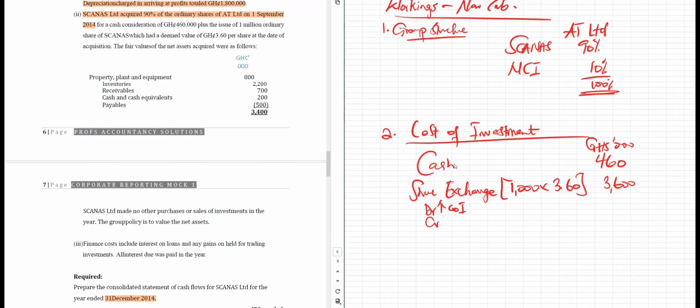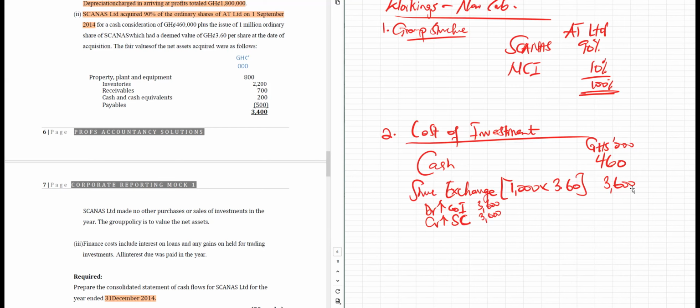And then the credit goes to what? Share capital. Is that not what we learned from share exchange? Yes, sir. We issue 1,000 shares at 3.6, making 3,600.